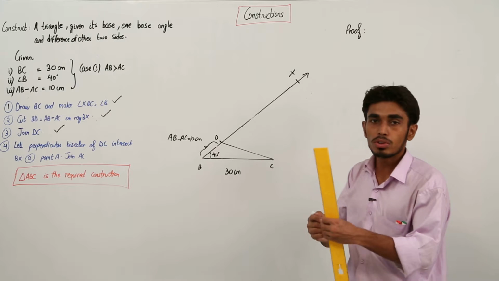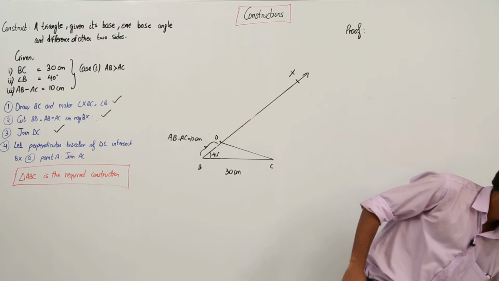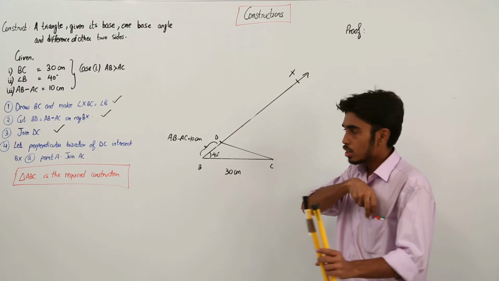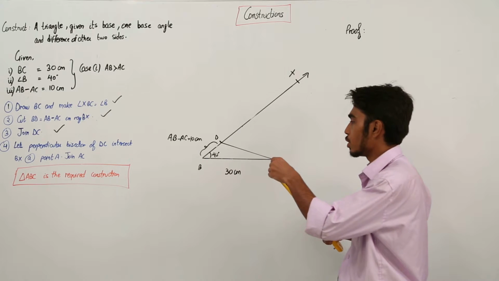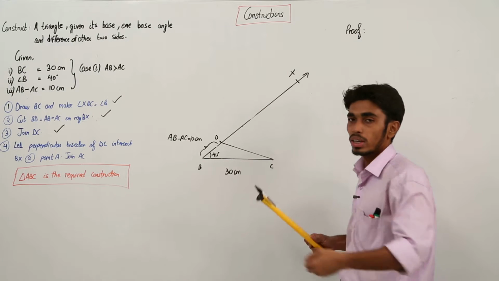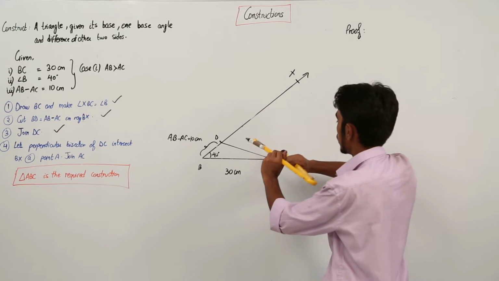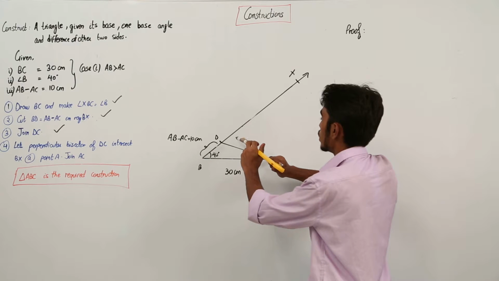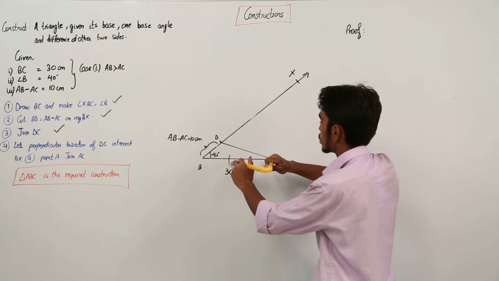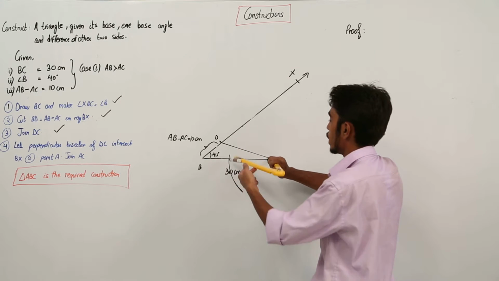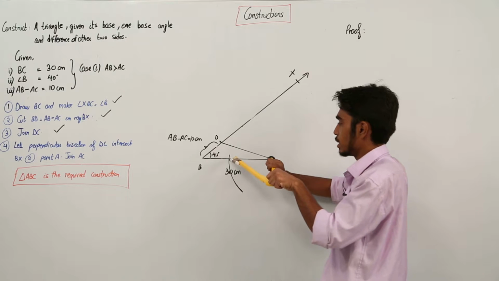We already know how to construct a perpendicular bisector with the help of a compass, right? So let me draw the perpendicular bisector of DC by drawing arcs from C and D, right? So I am going to place this pivot at point C. I am going to make some arcs, right? Let me tighten this.